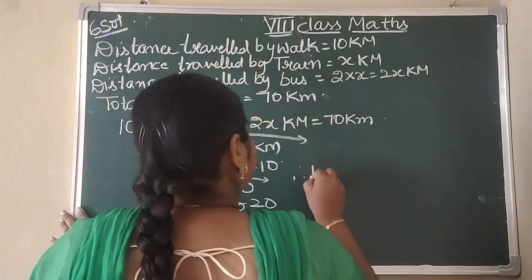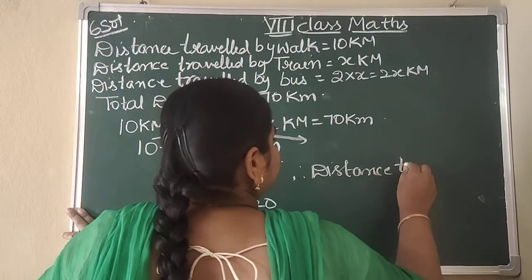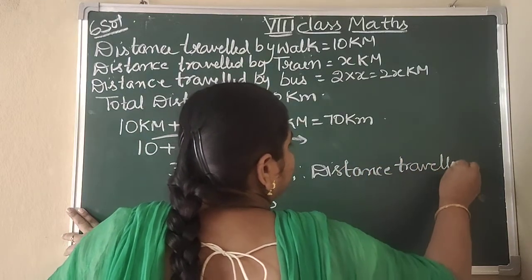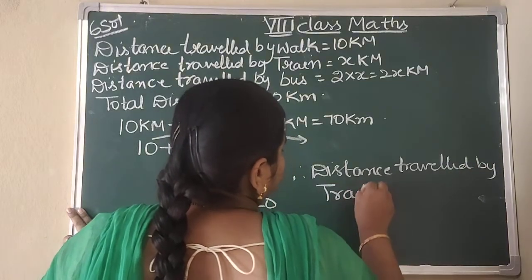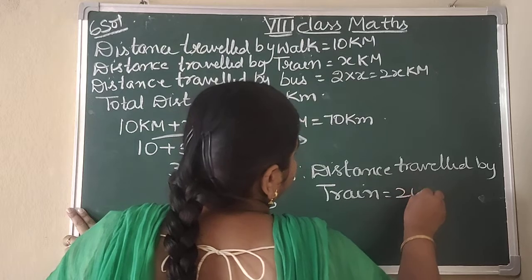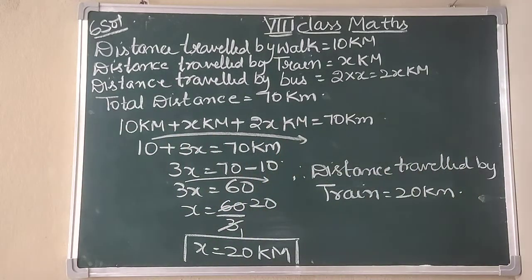Therefore, distance traveled by train is 20 kilometers. So this is our sixth solution.